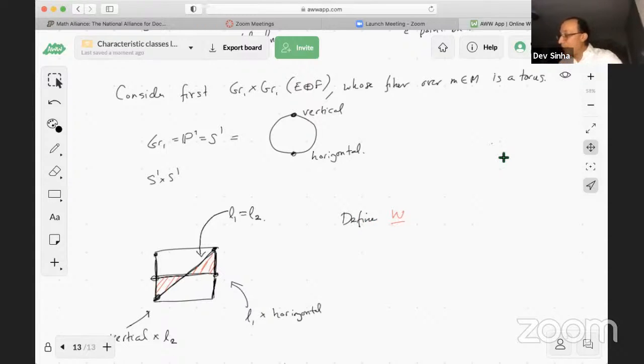Let's call it W sub base, because it's not our W, it's down in GR1 cross GR1, to be the L1 cross L2 in GR1 cross GR1, such that the slope of L1 has the same sign as that of L2.